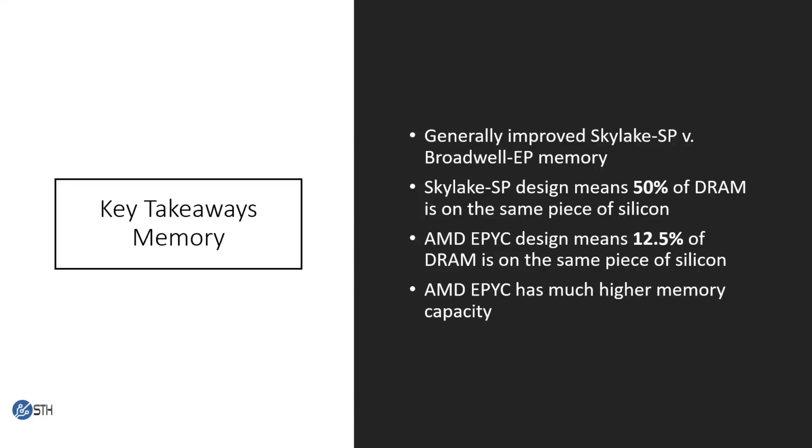At the end of the day, though, AMD EPYC has a much higher memory capacity than Skylake. On the other hand, there are a lot of use cases, especially where software is licensed by core and that software is very expensive, where the Intel solution with larger, higher performance cores and dies actually makes a lot of sense.